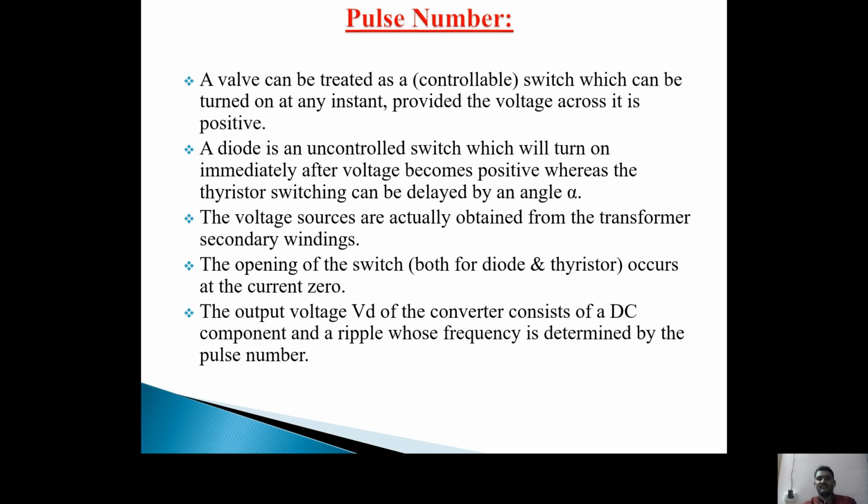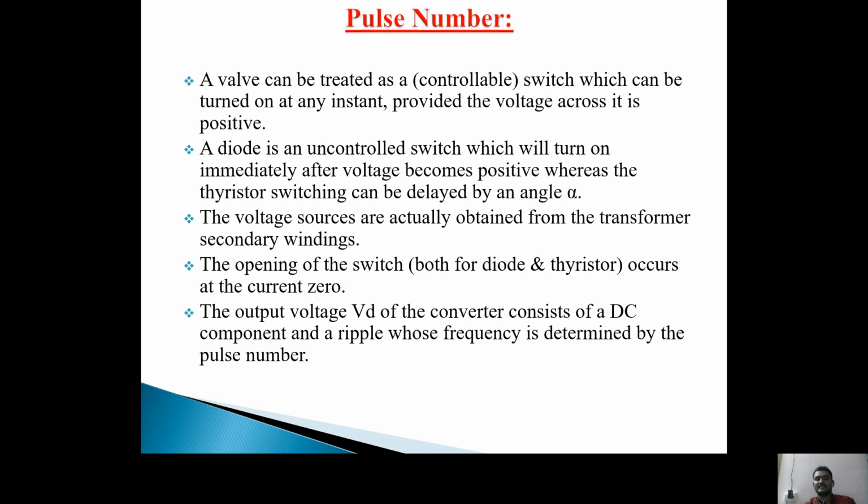If we use a diode as the valve, it is an uncontrolled switch which will turn on immediately after the voltage becomes positive. If you use a thyristor, it is a controlled switch, whereas the thyristor switching can be delayed by an angle alpha.